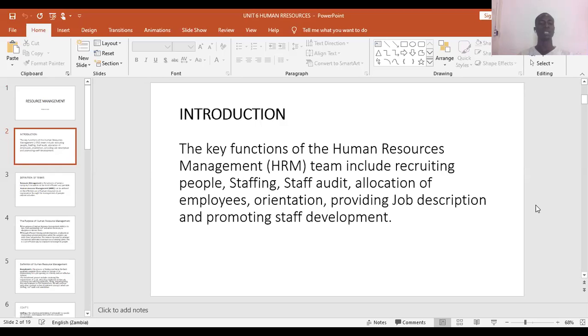Human resources involves the entire process of recruiting someone for a job, looking for someone who is suitable for a job. After you recruit that person, you assign that person responsibility to do at work. Again, you orient that individual on the work, and you provide them a job description specifically of what they need to do. And it also involves staff development.